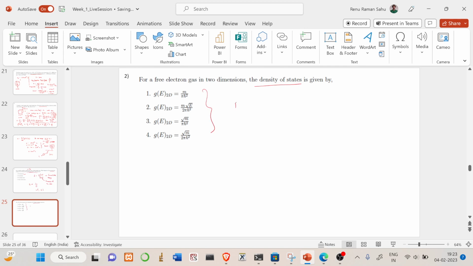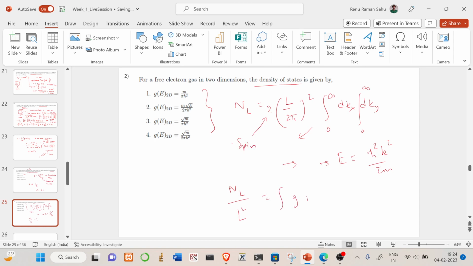Basically, you put (2π/L) whole square and dkx dky from 0 to infinity, 0 to infinity, and then use the dispersion relation ħ²k²/2m after you convert this from the Cartesian system to radial coordinates. Then use an L over L² (L² is this area), and multiply by spin, which is equal to G_E 2D over dE.